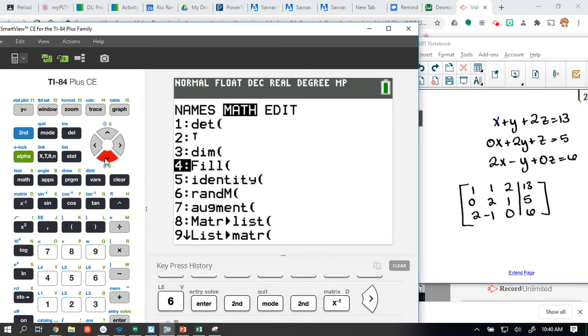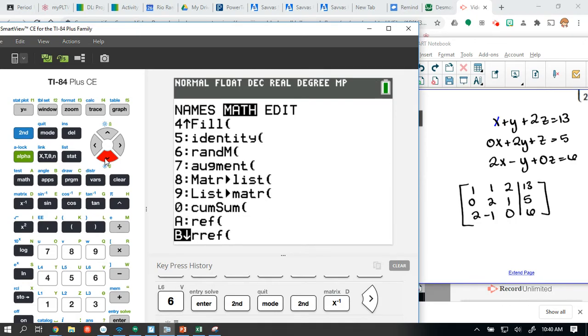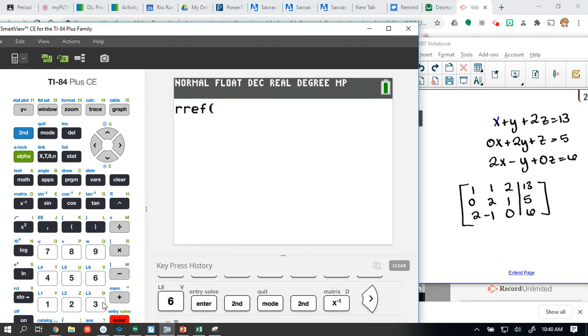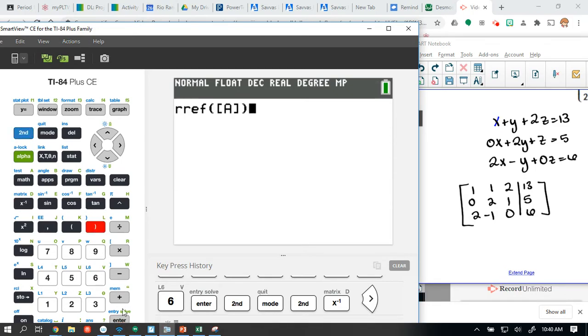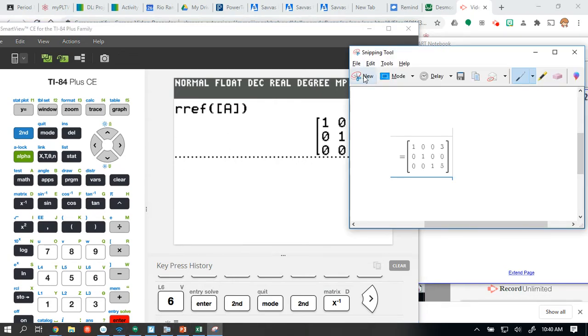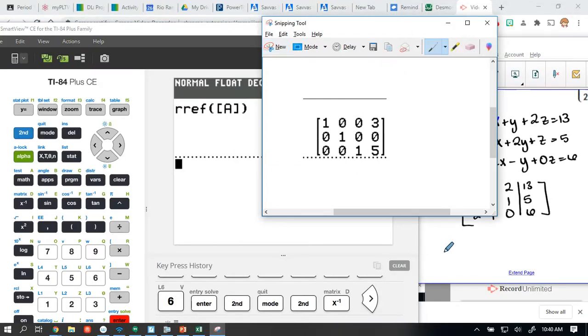And I believe it's 11 clicks down to the RREF. I'm going to hit enter on that RREF, and then now I'm going to select the matrix I'm using. So it's going to be second matrix, and I'm going to select that to first matrix. Then I'm going to hit enter, and again, they give me my values.